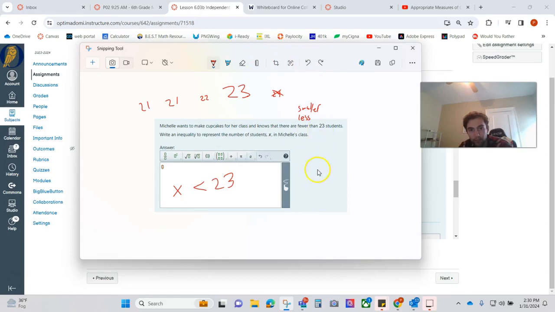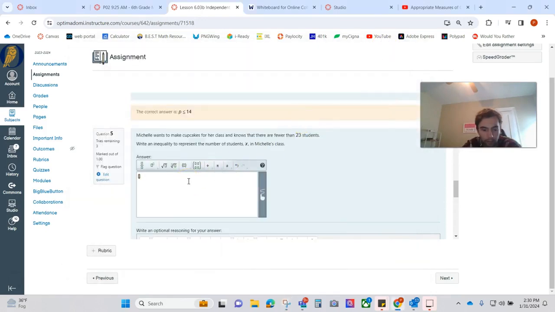Is 23 fewer than 23? No. 23 is not less than 23. 23 is not smaller than 23. So just leave it like this. X is less than 23. X, shift, comma, less than 23.